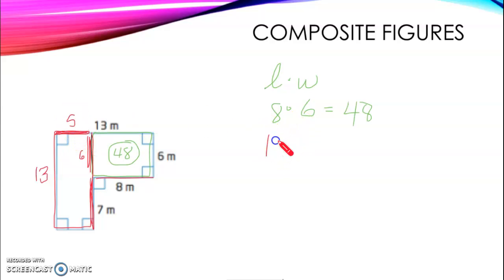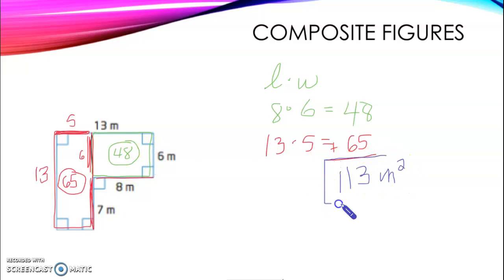And so we're going to do 13 times 5, length times width for the red rectangle, to get 65. And now I know the area of each of these 2 sections. I can just simply add them together to get the area of the whole thing. That gives me 113. We could label it. These are all in meters apparently, and so our total area is going to be in square meters there.